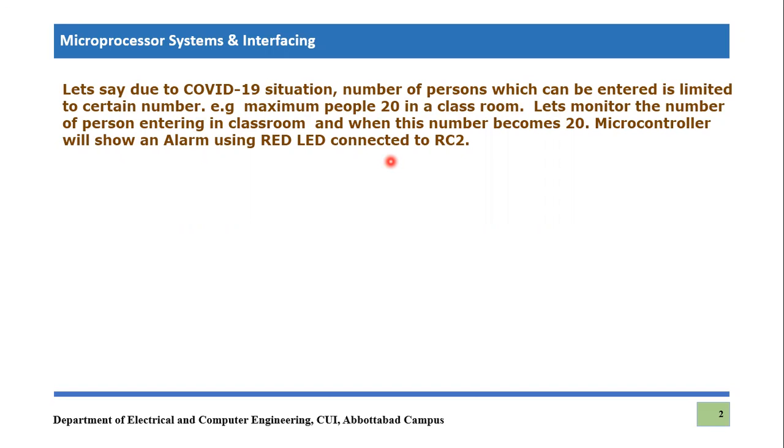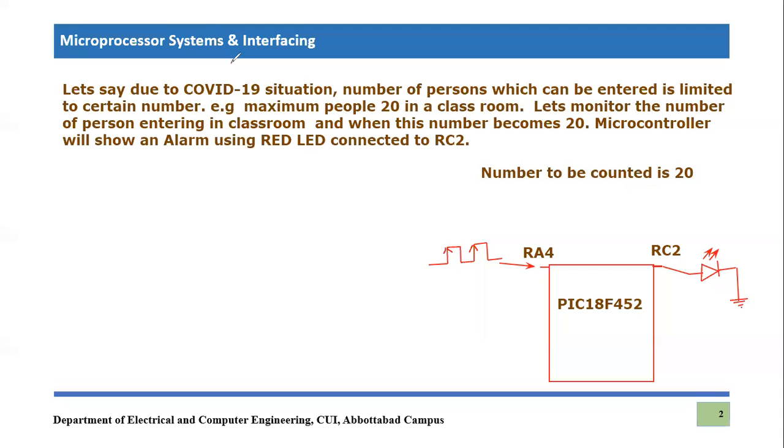So what we have to do, okay, the number of people to be counted is 20, and we know that we are going to utilize timer 0 as a counter. Now the source will be applied externally, or you can say the people who are entering will be sensed by a sensor, and then that sensor will be providing a clock.